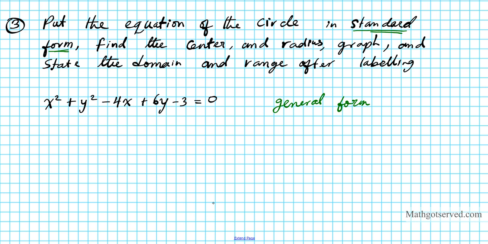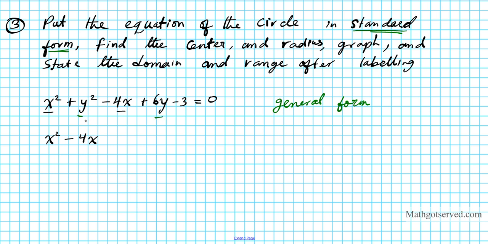Well, first thing we're going to do is we're going to collect the x's and the y's together, and then we're going to put the constant on the other side. Okay, so I'm going to collect x squared and 4x, put them together, minus 4x. And then next I'm going to collect my y squared and 6y.